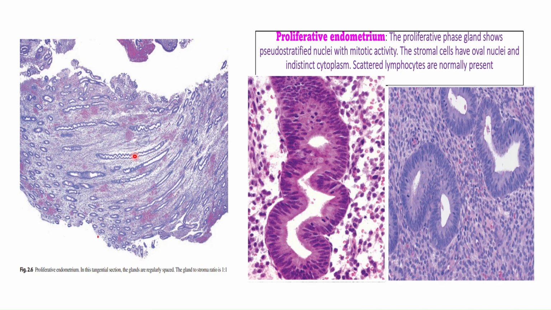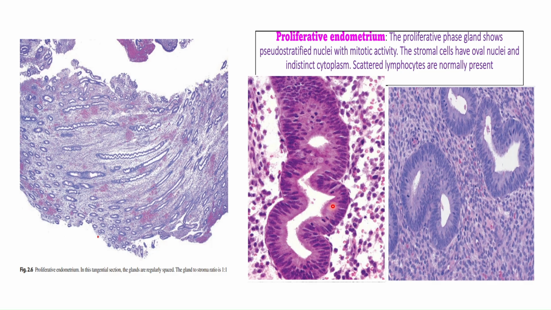This is glandular coiling. This is surface epithelium. Glands are regularly placed and gland to stroma ratio is 1:1. Here you can easily identify pseudostratified nuclei with mitotic activity.